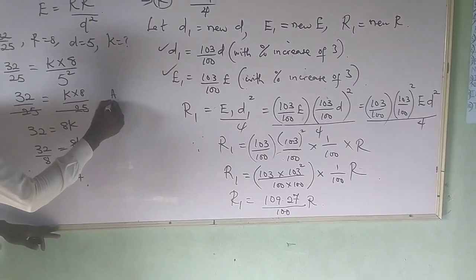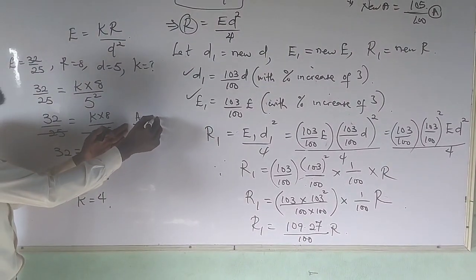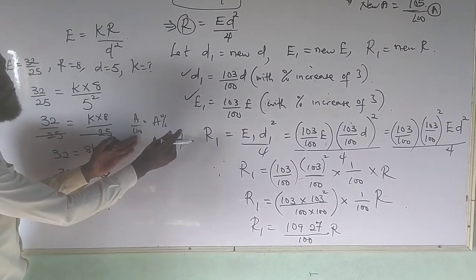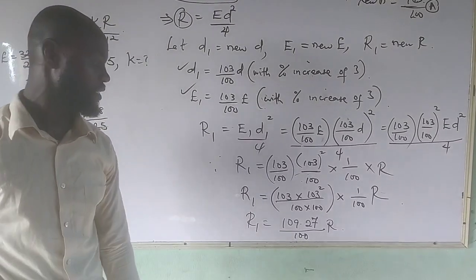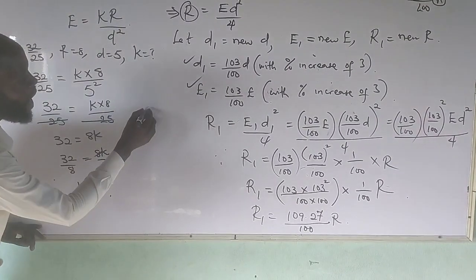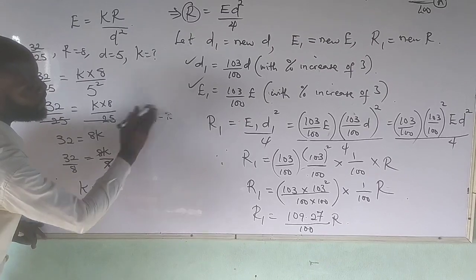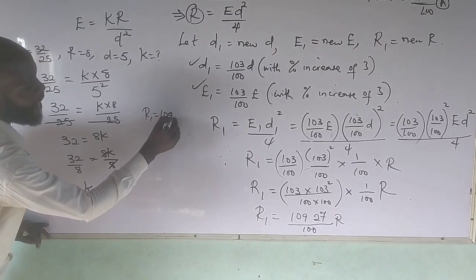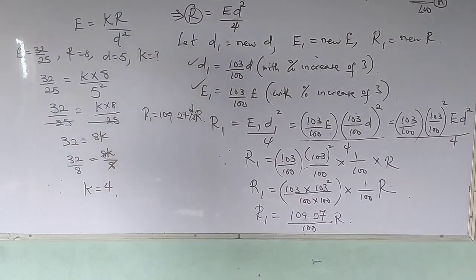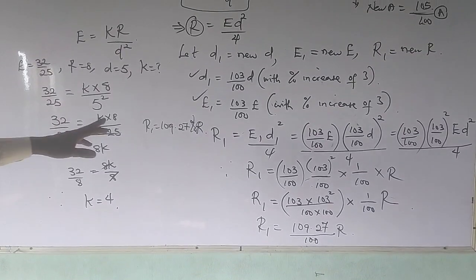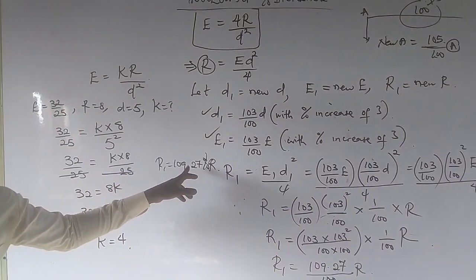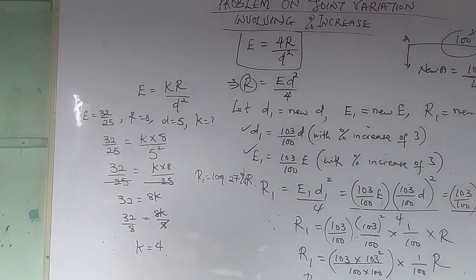If I have A over 100, I can express it as A%. So I can write my R1 as 109.27% of R. That means the new value of R is equal to 109.27% of the initial value of R.